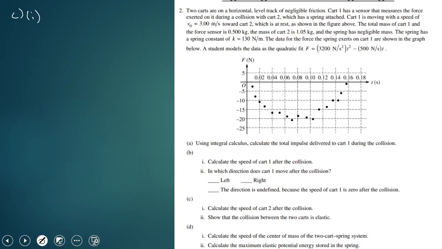Now, this one is where, once again, you could use conservation of momentum, or you could once again use a slight shortcut. So we know that m1 v1 plus m2 v2 initial is equal to m1 v1 plus m2 v2 final, right? Now what we know is that m2 v2 initial is 0.